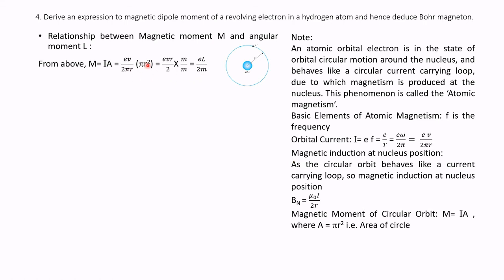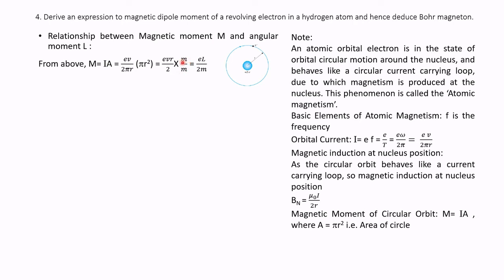So, e v by 2 pi r into pi r square. So, this pi r gets cancelled. That becomes e v r by 2. So, this term becomes e v r by 2 when we cancel pi r. Now, multiply and divide this by a factor m.